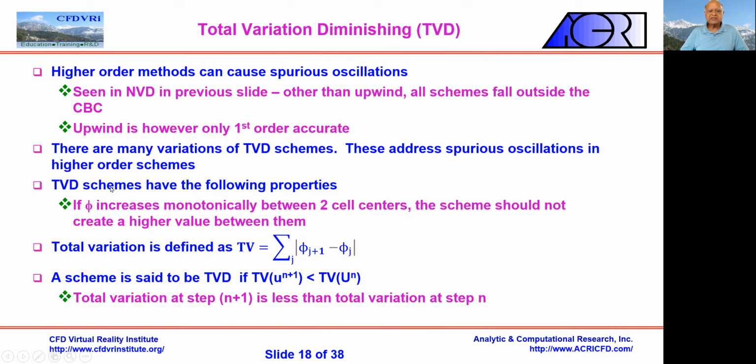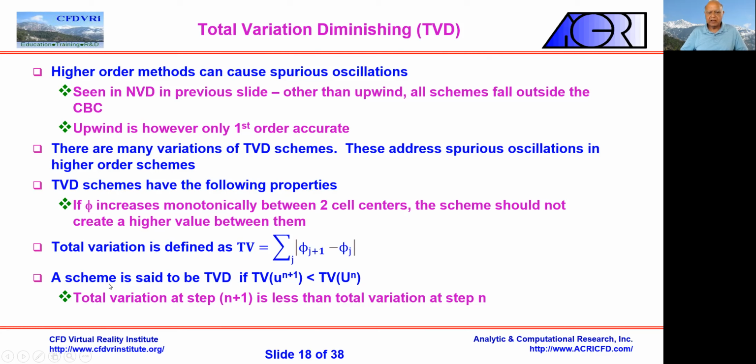So what is the TVD scheme? A TVD scheme is basically a scheme which has the following property: it assures that if phi increases monotonically between two cell centers, the scheme should not create a higher value between them. So it truncates the higher values and limits the value to fall within them. The total variation is defined by looking at a point and its neighbor, and taking the sum of those differences, and that's the total variation in the field.